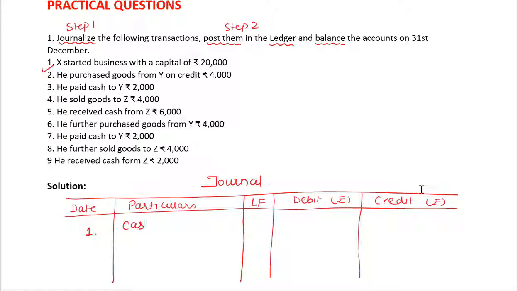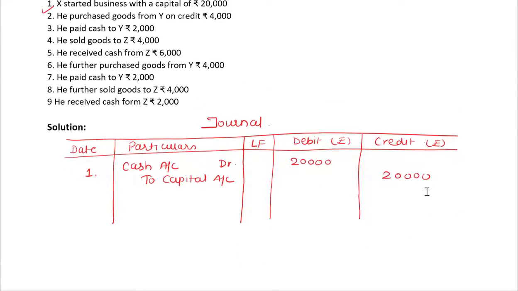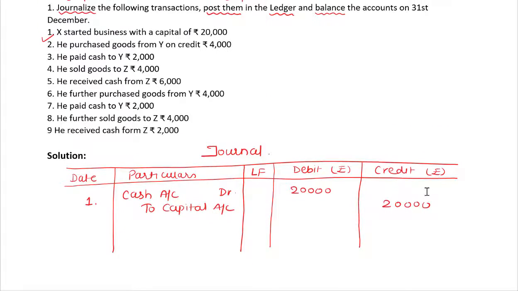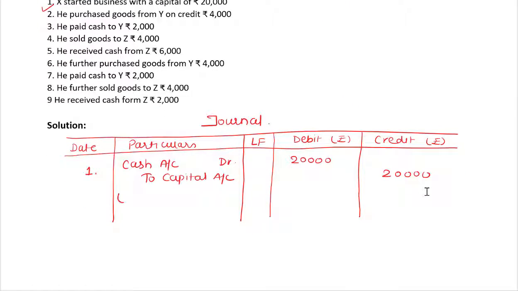So in the business, cash comes in, cash account debited, and capital will be treated as a liability. So cash account debit to capital account, 20,000. You can write the narration: being business started with capital.